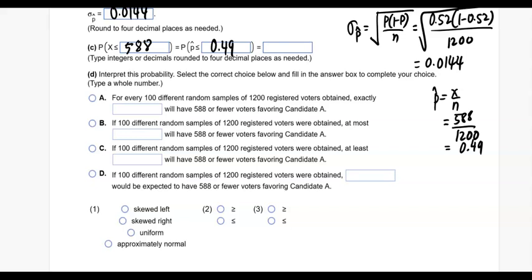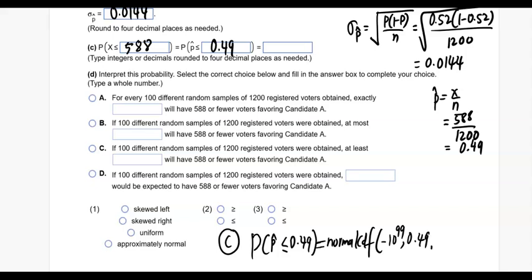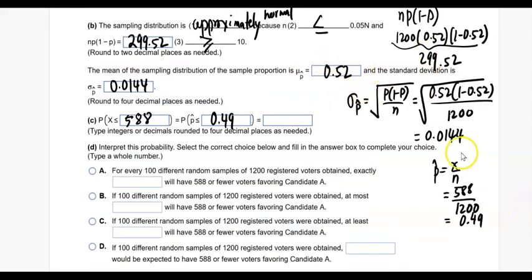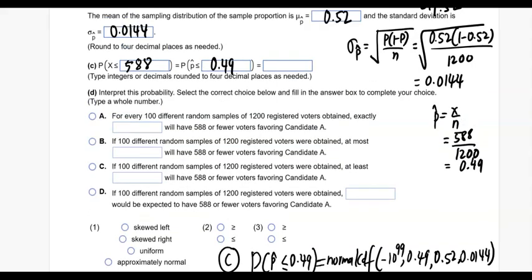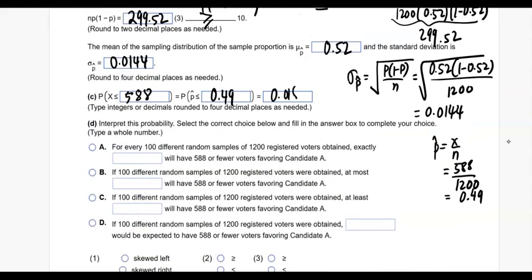Again, use normal CDF. Probability of p hat less than or equal to 0.49 equals normalcdf. For the lower bound, use negative 10 to the power 99, then the upper bound 0.49, the mean 0.52, and the standard deviation 0.0144. Using the calculator's normal procedure, this gives 0.0188, rounded to 4 decimal places.